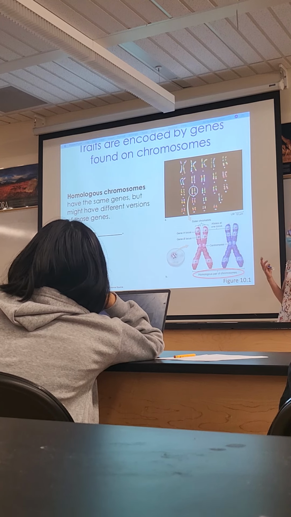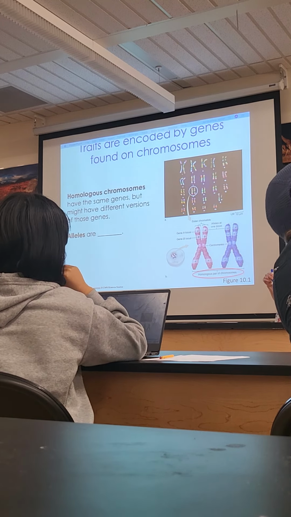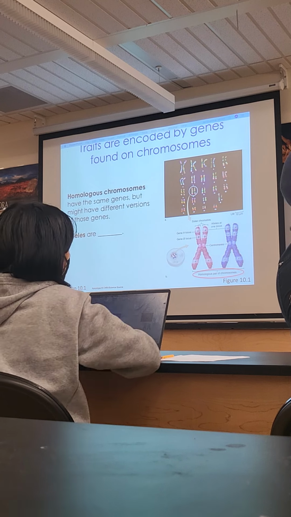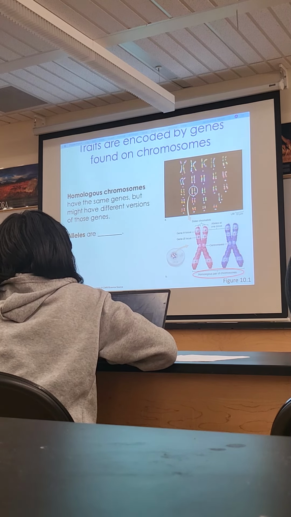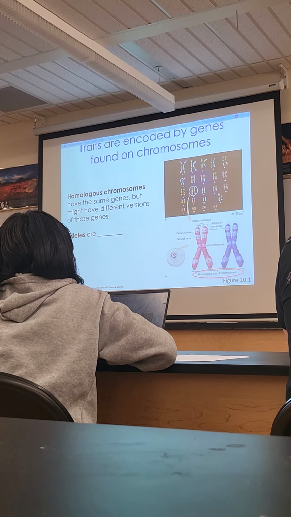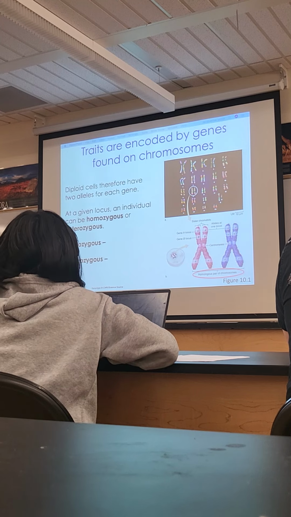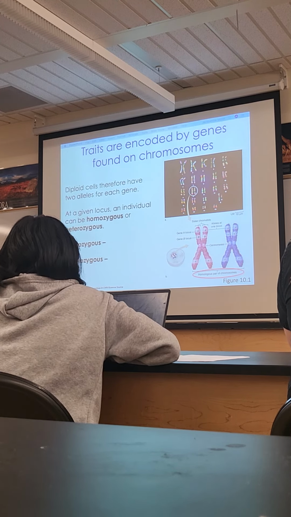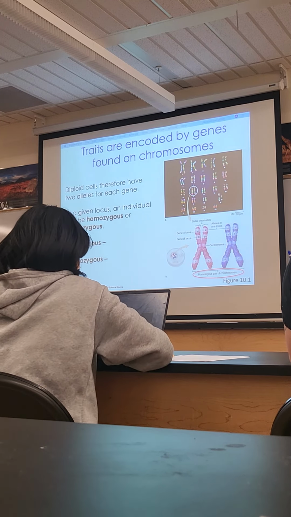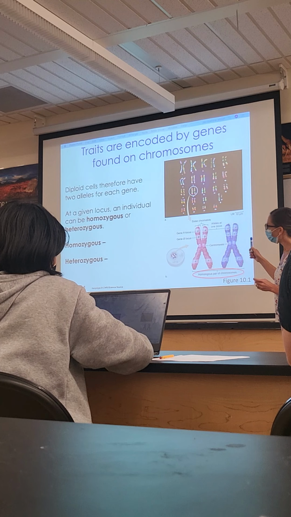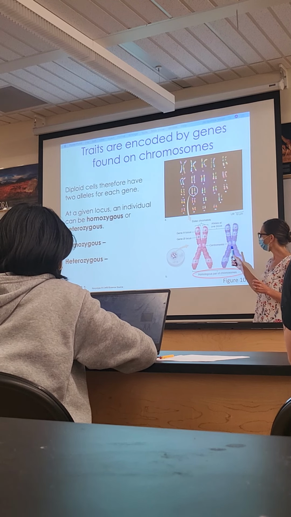Yeah, so especially when we only have 2 alleles, if we have a biallelic locus or gene, then the capital letter is the dominant trait, and the lowercase letter is the recessive trait. Then we can describe people's genotypes depending on whether they have 2 of the same or 2 different alleles. So homozygous means they have 2 of the same allele. Heterozygous means they have 2 different alleles.